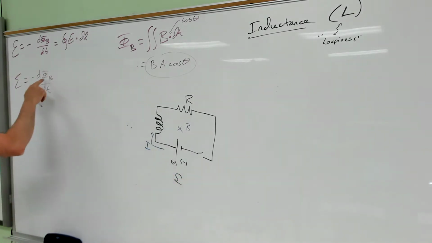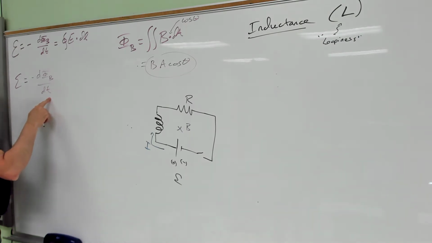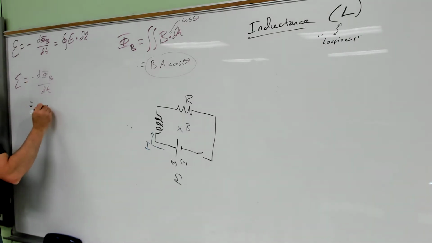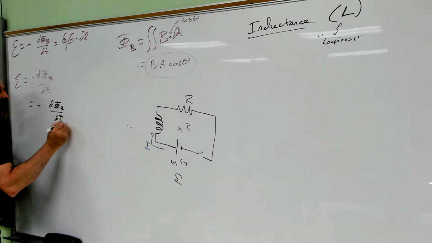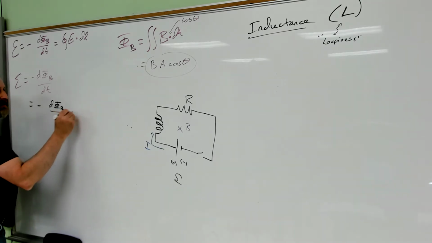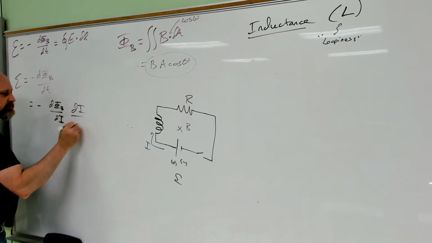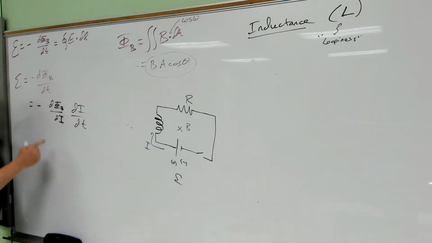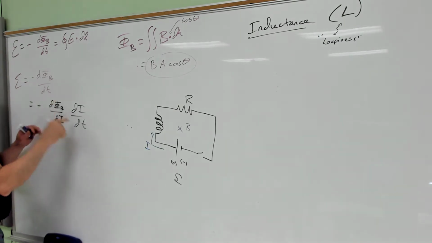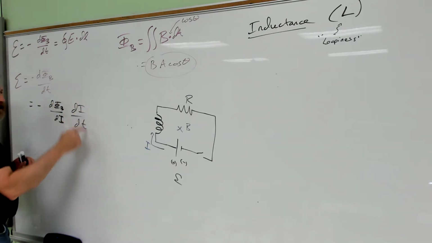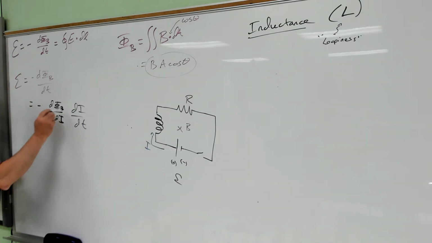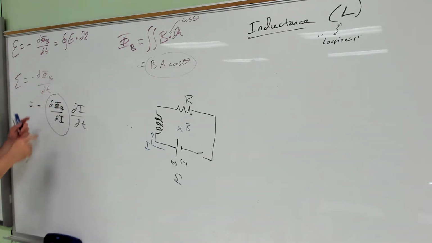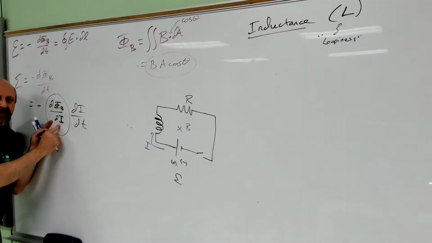So check this out. dΦB/dt, I'm going to rewrite that as dΦB/di times di/dt. This is just like a chain rule thing, right? d flux dt is d flux di times di dt. This thing is how much flux I get for how much current I have.